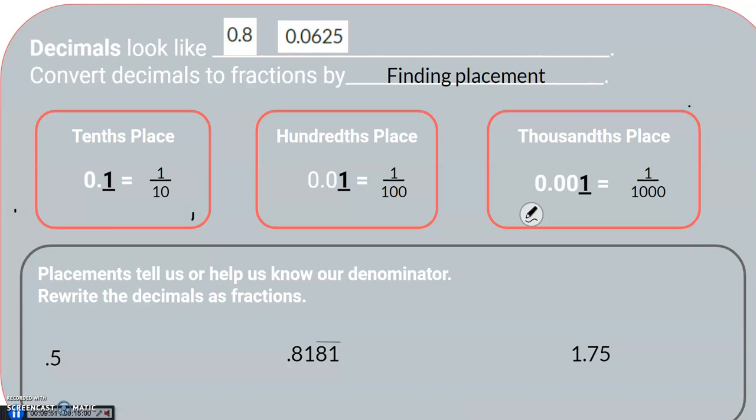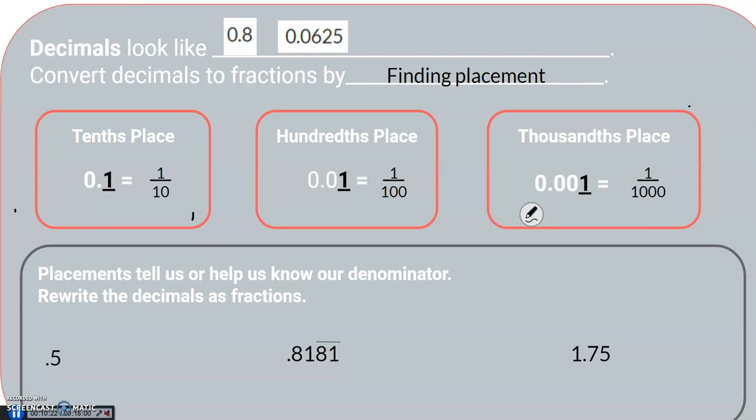The second is the hundredths place. And the third is the thousandths place. How I like to think of this is count how many numbers after the decimal and include a 0. So 0.1, one number, 1 0. That gives us 10. 0.01, two numbers. That gives us 100.